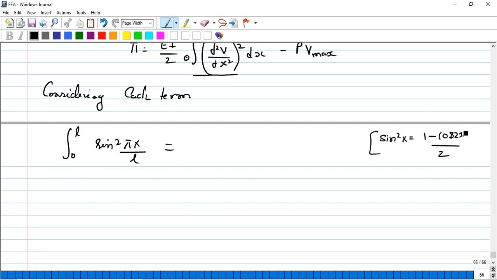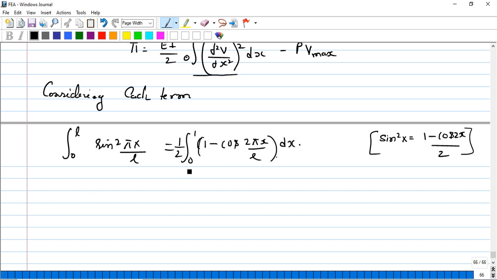This is the formula that we are going to use and substitute here. So it will be 0 to L. Let me write 1 by 2, a constant, outside. The remaining is 1 minus cos 2 pi x by L, into dx.